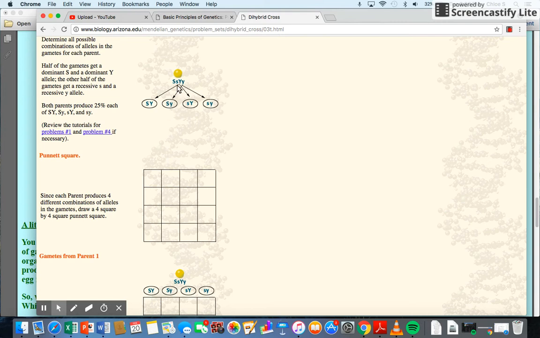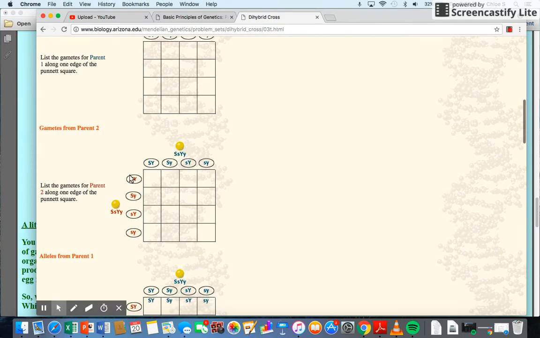You take the little s and the big Y and you put it right here, and then the little s and the little y right here. Since this is being crossed with itself, you're going to have the same parents down here. So we think back: big S big Y, big S little y, little s big Y, little s little y.